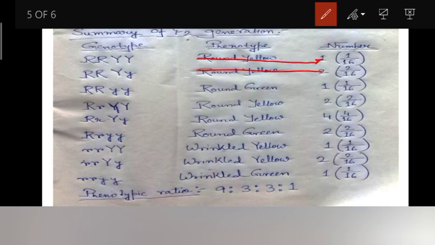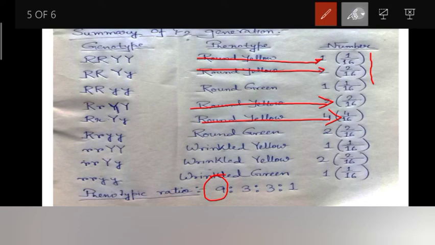Round yellow 2 means total 3. Round yellow 2 means 5. Total number of round yellow is 5, and 4 is 9. This is the 9. Round green, number of round green 1, round green 1 and 2, 3.